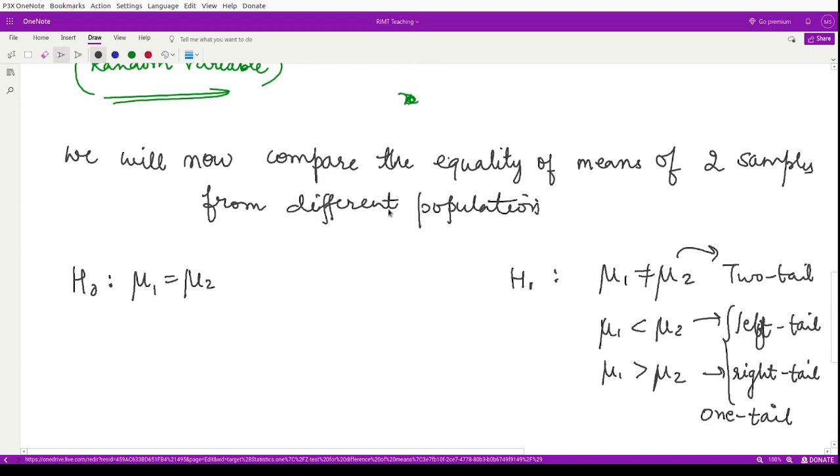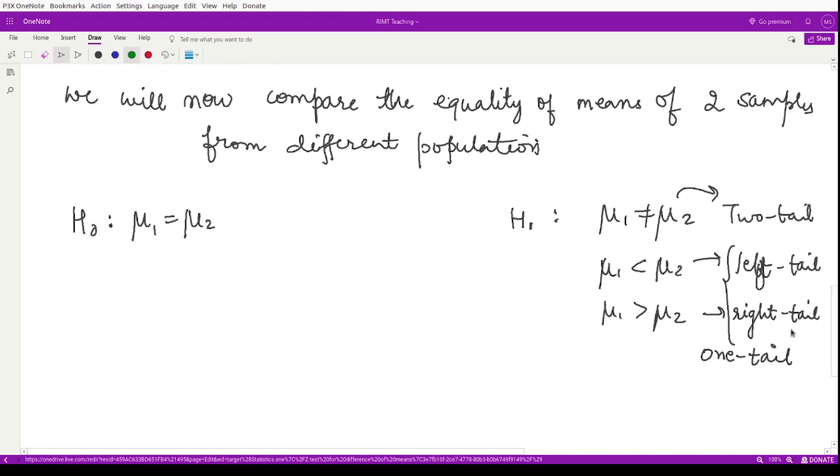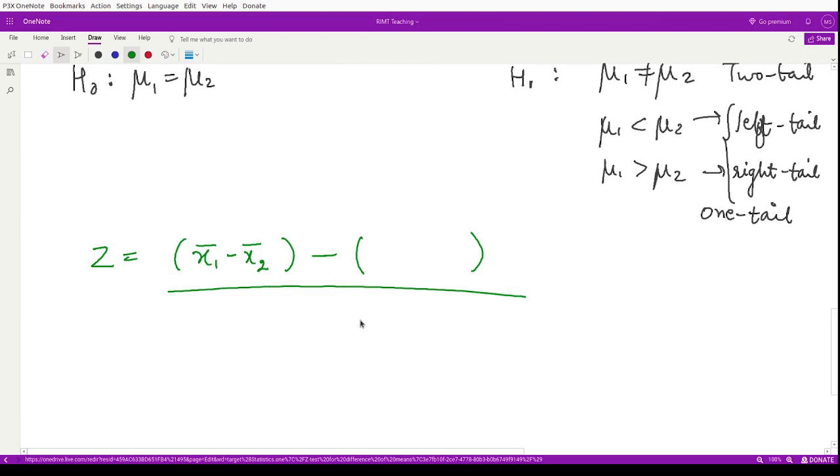According to this, what would be your Z statistic? What would be the value of Z here? Your variable from the sample is x1 bar minus x2 bar, minus the mean of the populations, mu1 minus mu2, divided by the standard error.